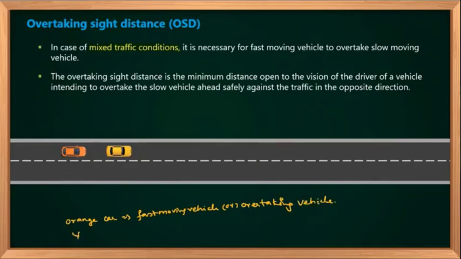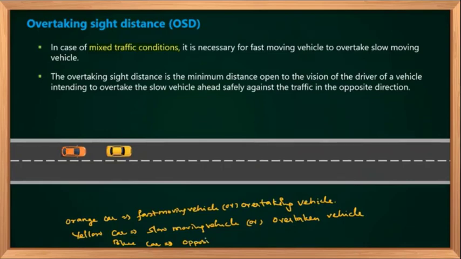Next, yellow car is equal to slow moving vehicle, or overtaken vehicle. Next, blue car implies what? Opposite vehicle. Got it? So we are representing orange car as A, yellow car as B, and blue car as C. Are you getting the point?